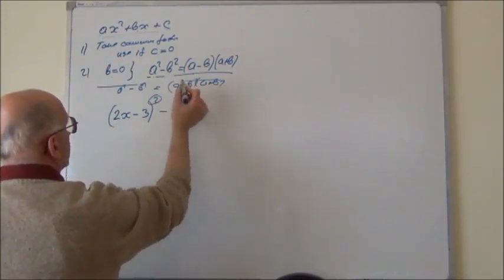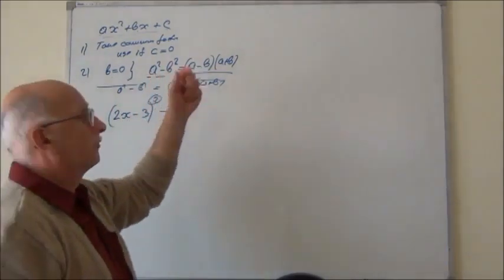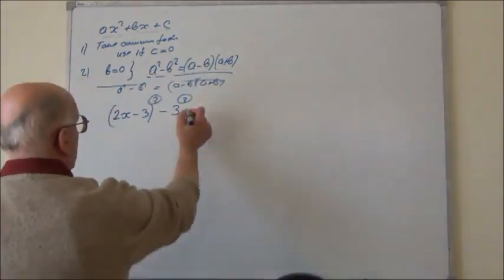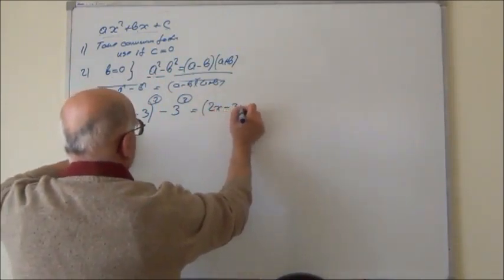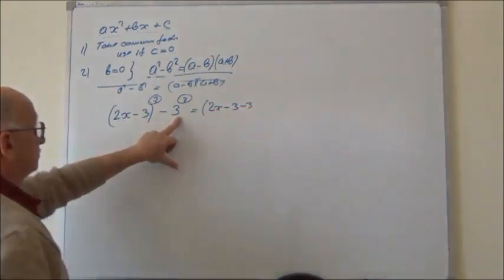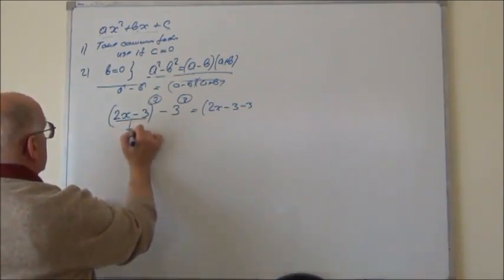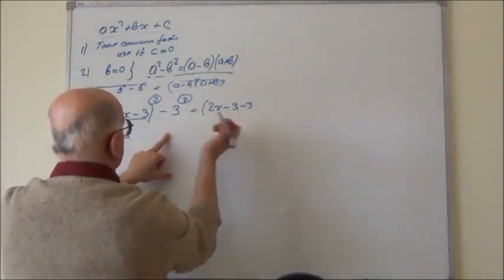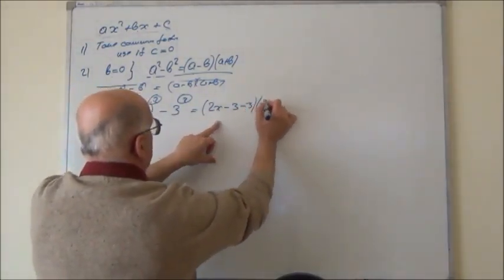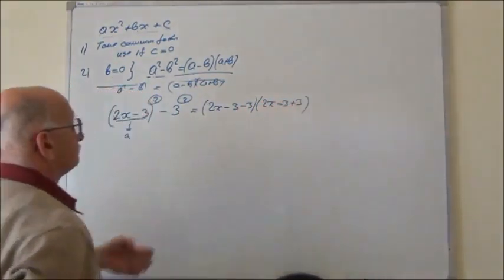3 to the power 2, we have power 2, power 2. So we are in our formula, and simply (2x minus 3) minus 3, because this here inside brackets is just a, while 3 is just b, and multiplied by (2x minus 3) plus 3.